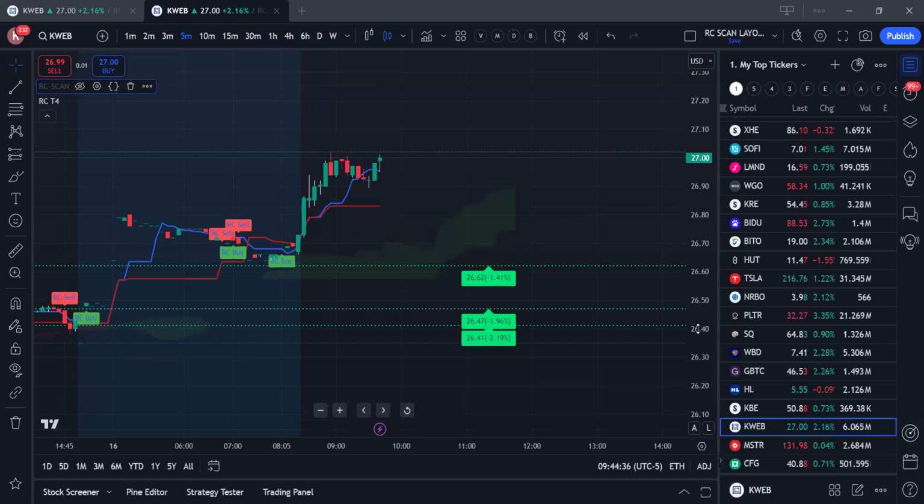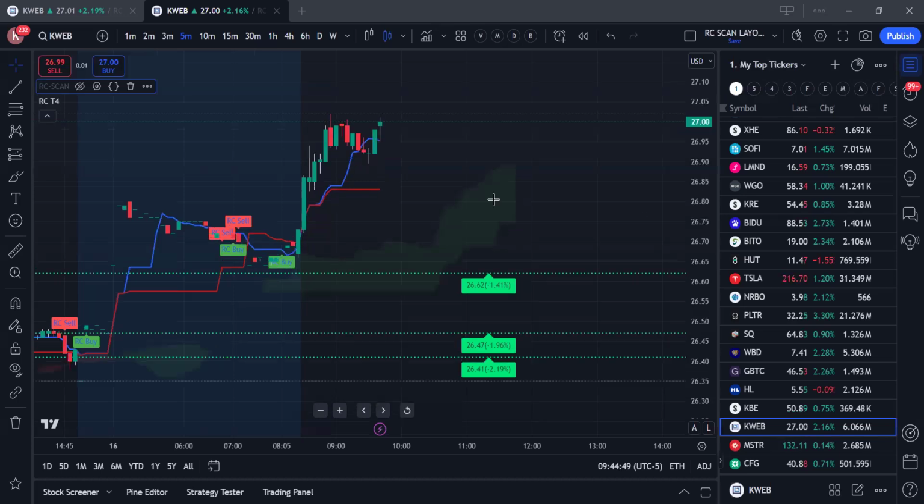Whenever stock is above the cloud, that means it is very good for long positions. Whenever stock is below, right, you can see some cloud here.